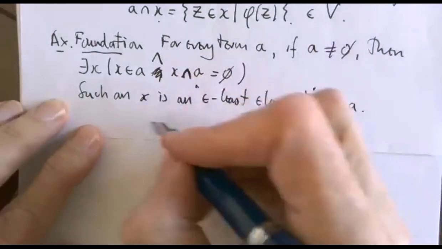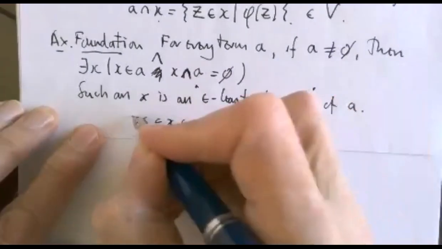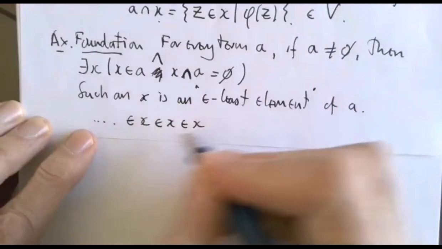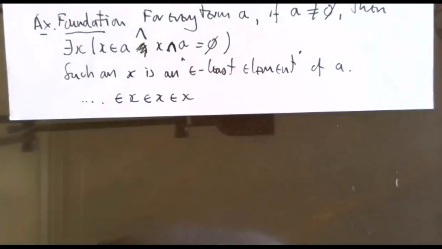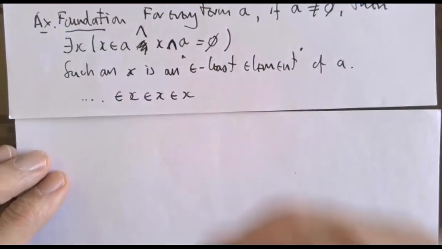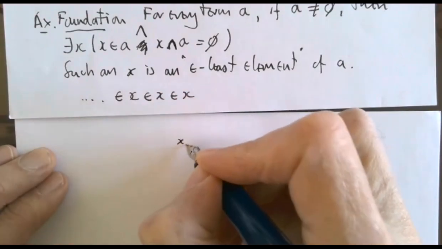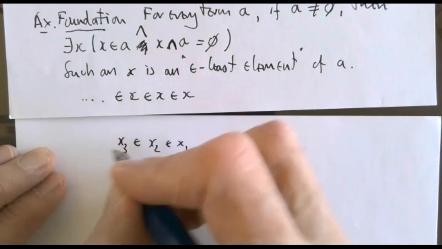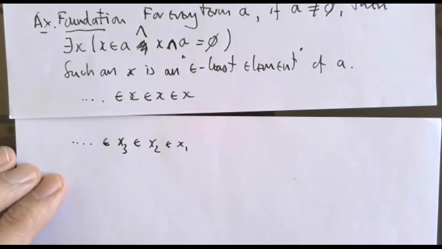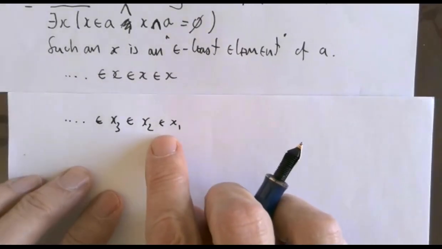So in particular, what the axiom of foundation rules out are chains, right? Where you can have x as a member of x. So there are no chains like this. And likewise, I can't have chains of different elements like this. So it's saying that the epsilon relation is well founded on sets.